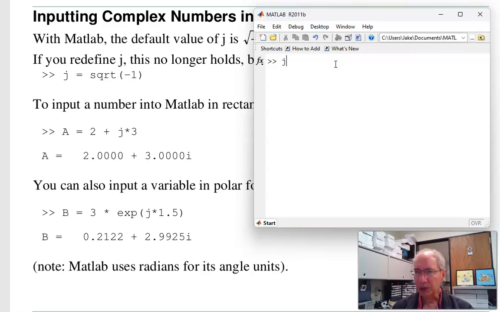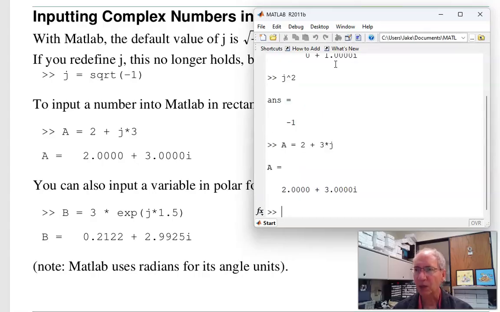Now to input complex numbers into MATLAB, there's a couple ways to do that. The default value for j is the square root of minus 1. See, j squared is minus 1. I can input a number like a is 2 plus 3 times j. That gives me a complex number. I can also say a is 2 plus 3i.